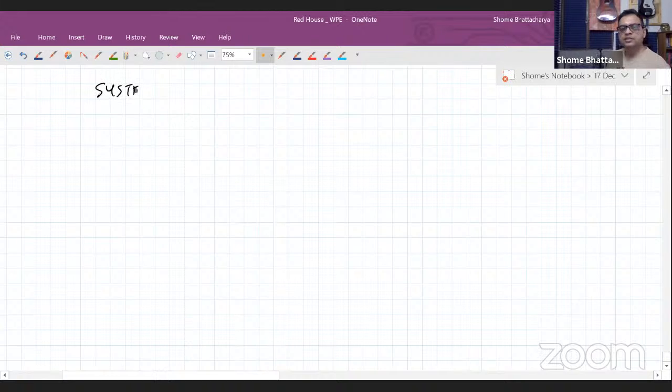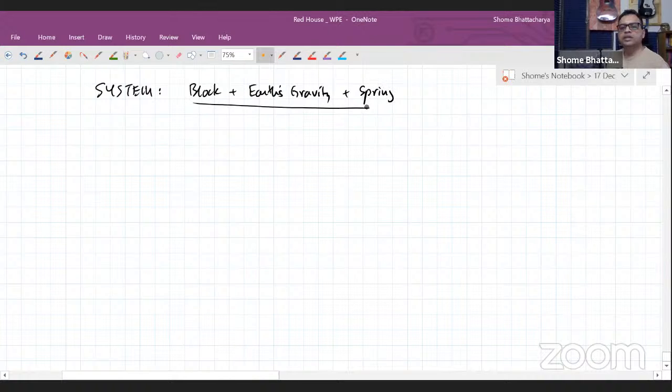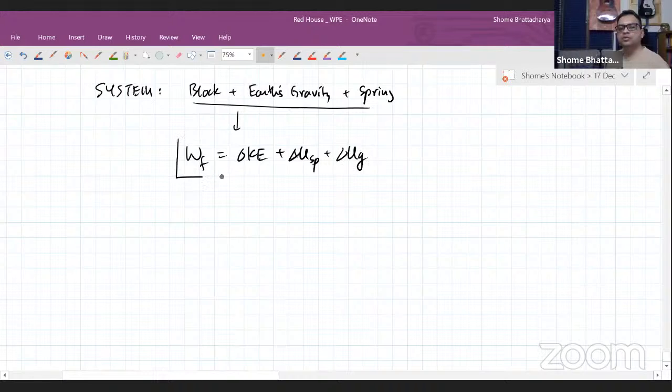So we should take our system as the block, plus the Earth's gravitational field, or what we can say as the Earth's gravity, plus the spring. When we do that, then for the system we can say that work done by friction is equal to change in kinetic energy plus change in spring's potential energy plus change in gravitational potential energy of the block.